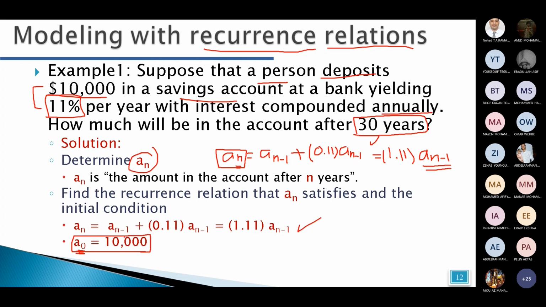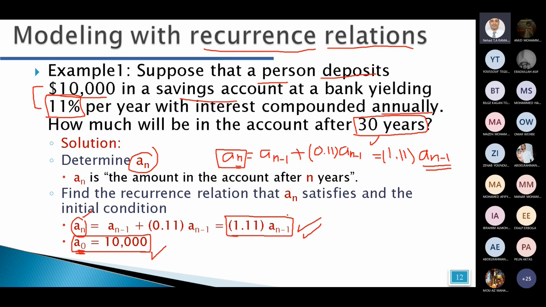So now it's a complete recurrence relation. We have AN equals 1.11 multiplied by AN minus 1, meaning this year it's 1.11 multiplied by the previous year, and the initial condition is A naught equals 10,000. Now from this one, we have to find the solution. How to find the solution? It's easy. First step, we find the recurrence relation. Second step, we find the general term, the sequence, as a solution for it.